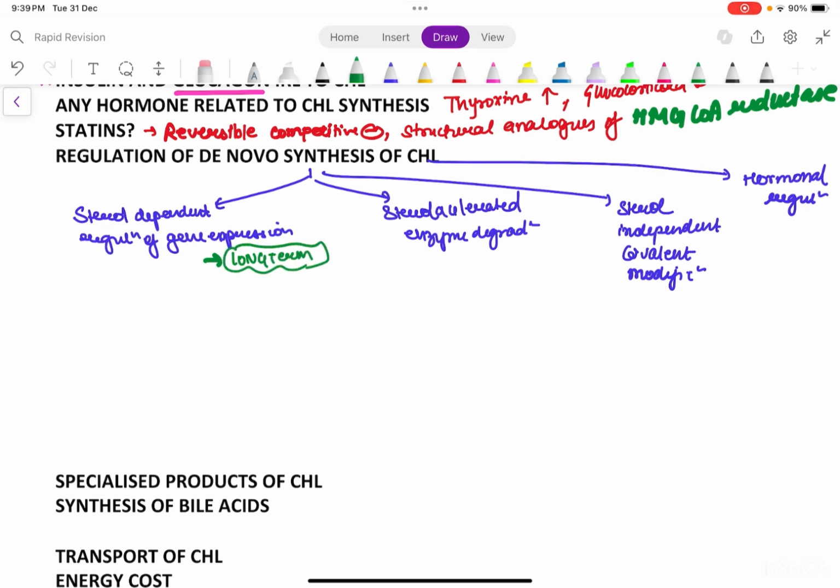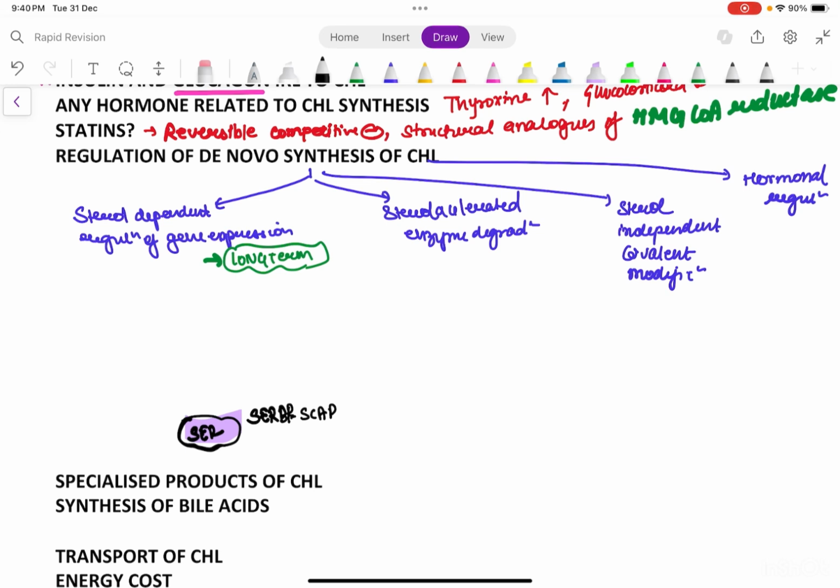Now see, basically I have the smooth endoplasmic reticulum. Normally it has SREBP and SCAP. Now what are SREBP and SCAP?